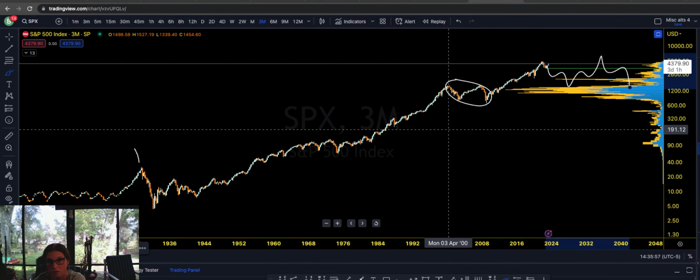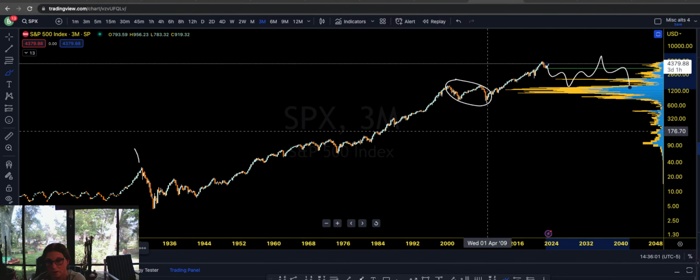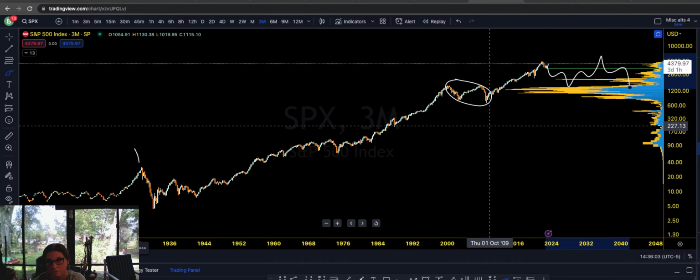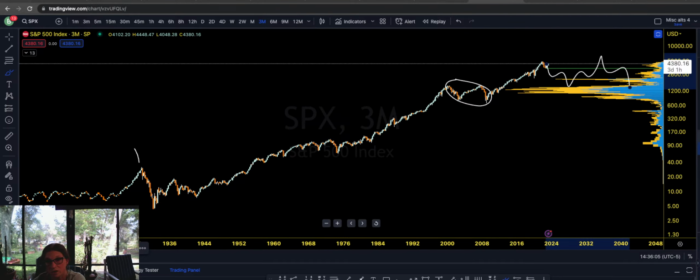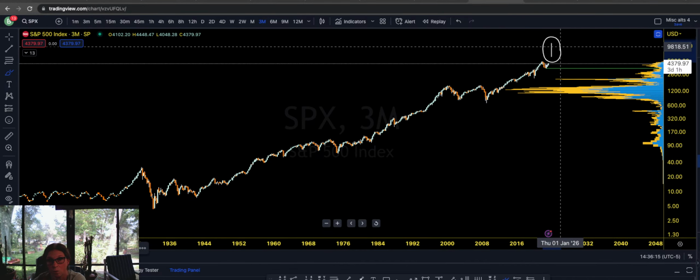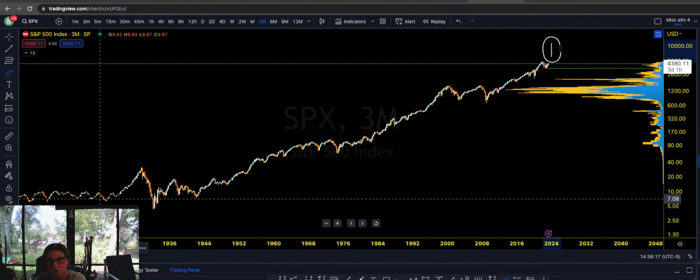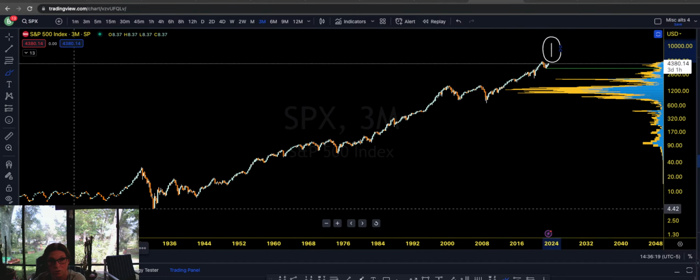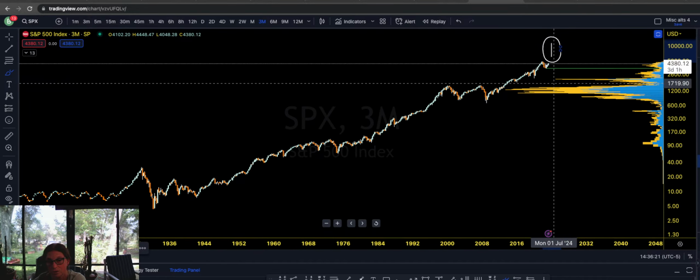And this took from 2000 to 2009. What is the other option? The other option is that this is coming to an end and it's about to put in a big primary one, and it's going to correct all of this that's been going on forever.